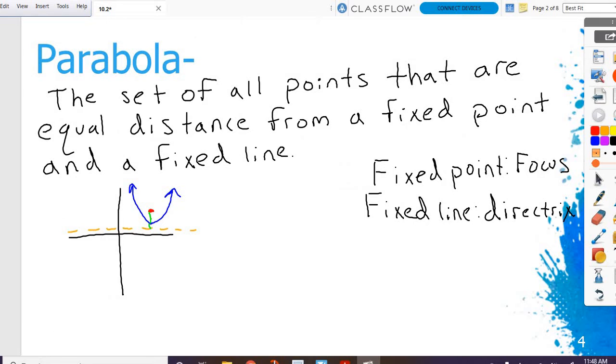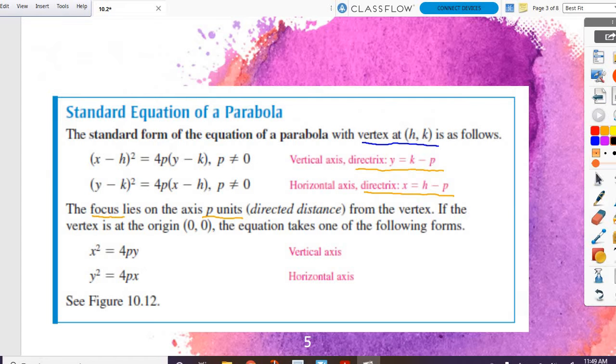So basically what that means is that this distance right here, we're going to label as p. And if you know that your vertex is at 0, 0, we can plug in zeros for our h and our k, and you just end up with those bottom two equations. You don't really have to know that because we get it if we plug in 0, 0.